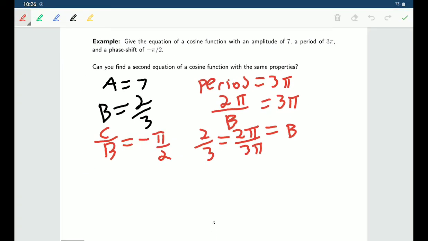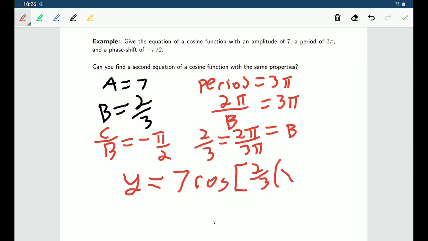We're looking for our cosine function, and the cosine function is y equals a times cosine of bracket b, 2/3, times x minus our phase shift, negative pi over 2. Now, of course, I'm going to simplify this. x minus negative pi over 2 is the same thing as x plus positive pi over 2.